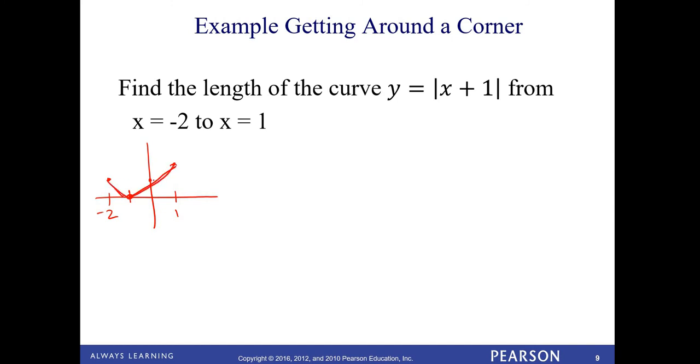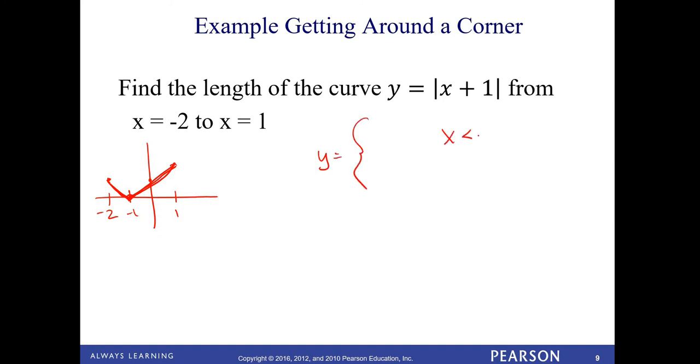The derivative is undefined at this corner because the derivative from the left is -1. The derivative from the right is +1. So therefore, there is no derivative at -1. Let's look at this function as a two-part function. We all know, I hope, that we can write absolute values as a piecewise function.